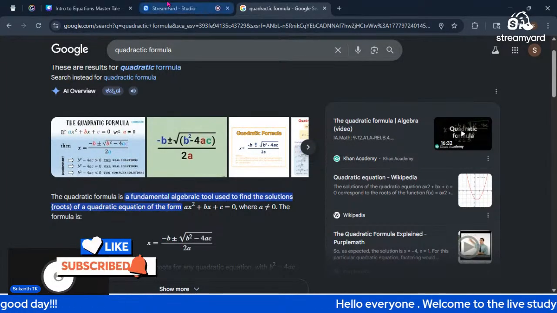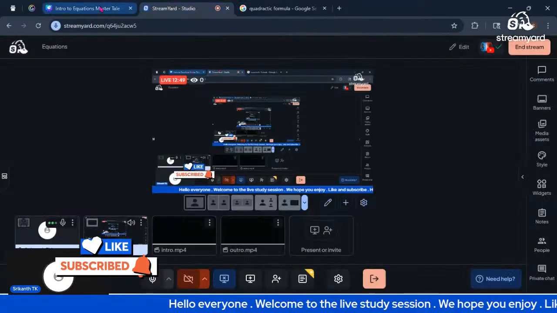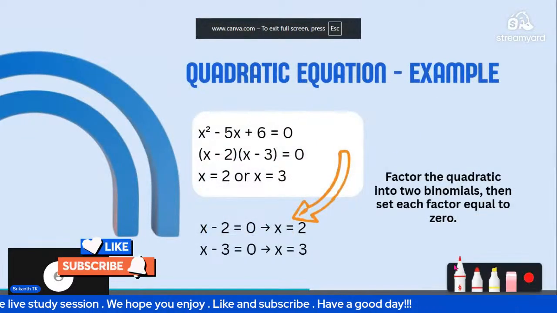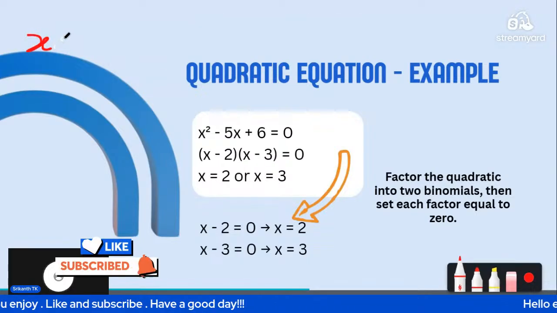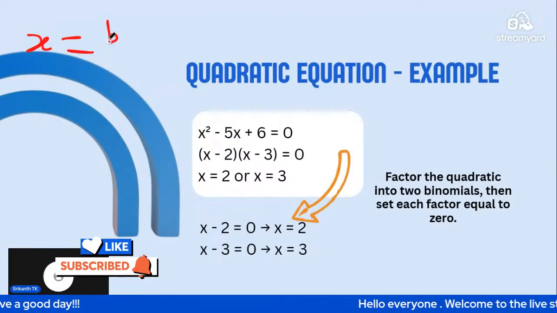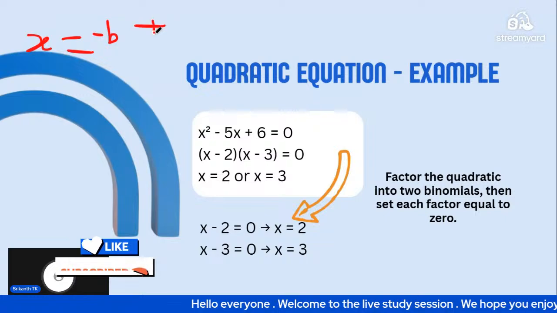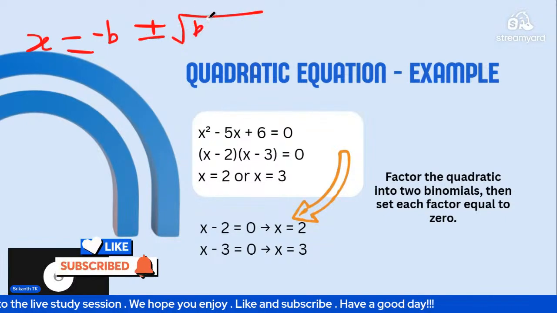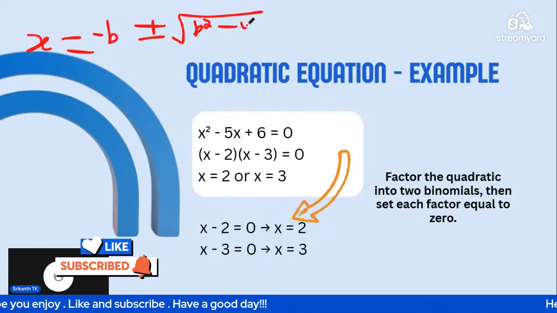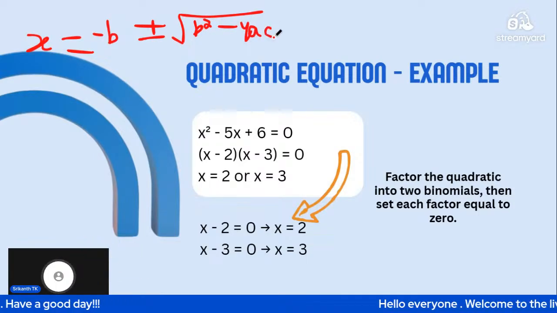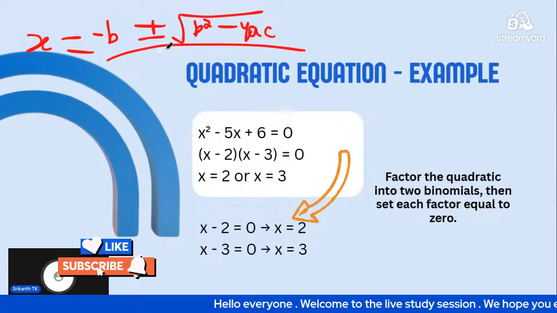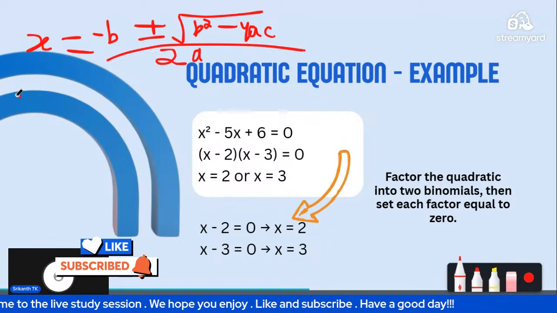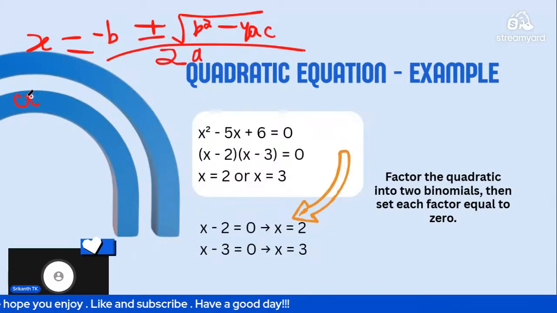I just forgot to put it, I'm so sorry. Divided by 2a. Everything is correct except that. Well, I'll rewrite it. So x is equal to minus b plus or minus root of b square minus 4ac divided by 2a.